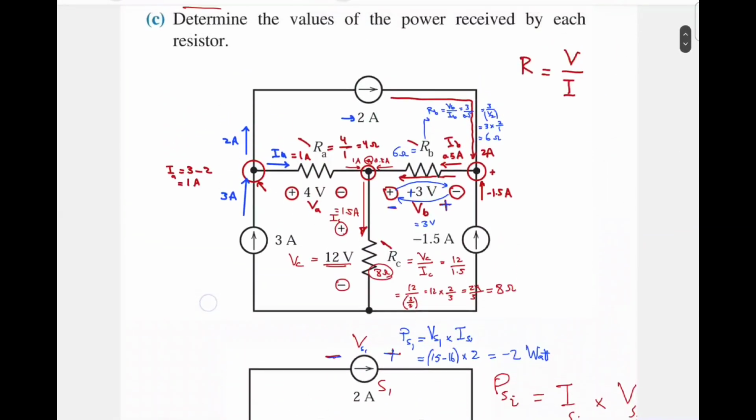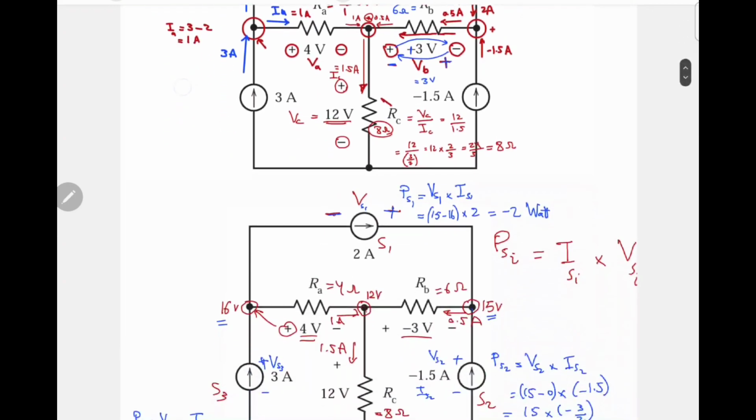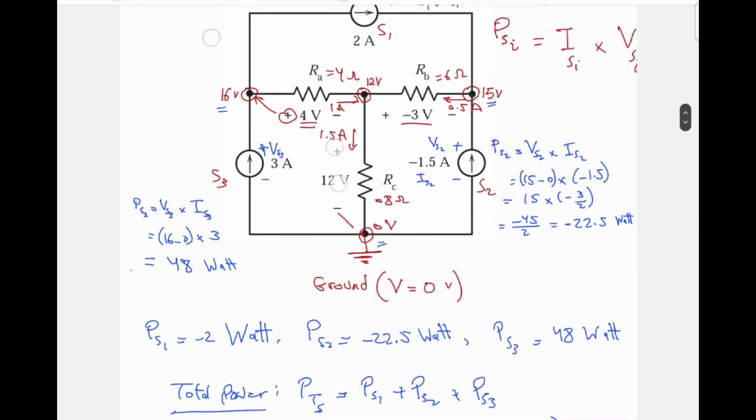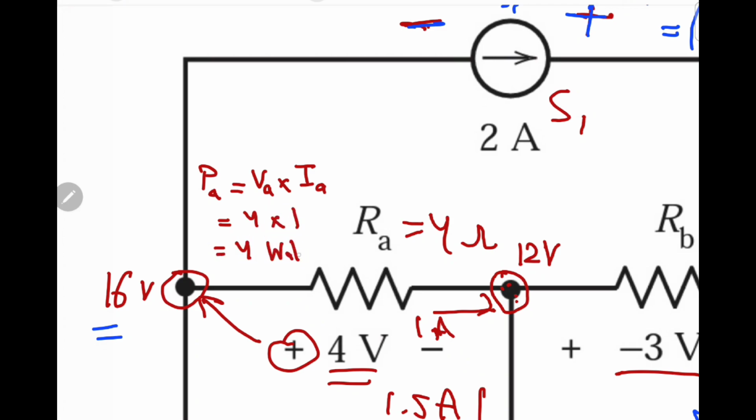Now the last question, it's asking to determine the values of the power received by each resistor. So again, it should be the same procedure. So we know that PA, the power received by the resistor A, is equal to the voltage across RA times the current going through A. So that will be 4 times 1 ampere, which is 4 watt.